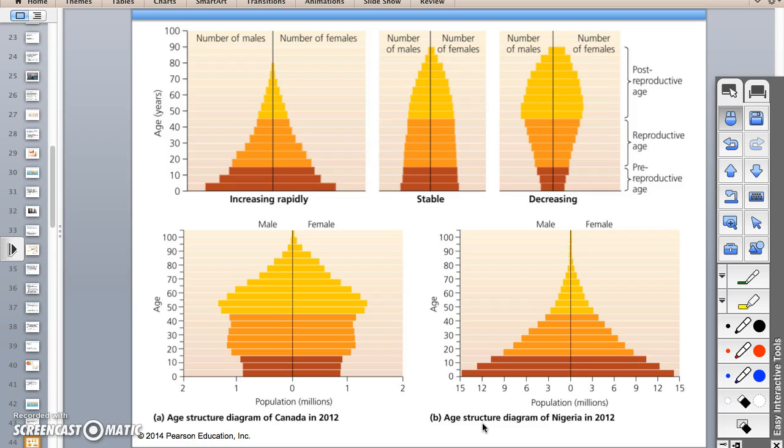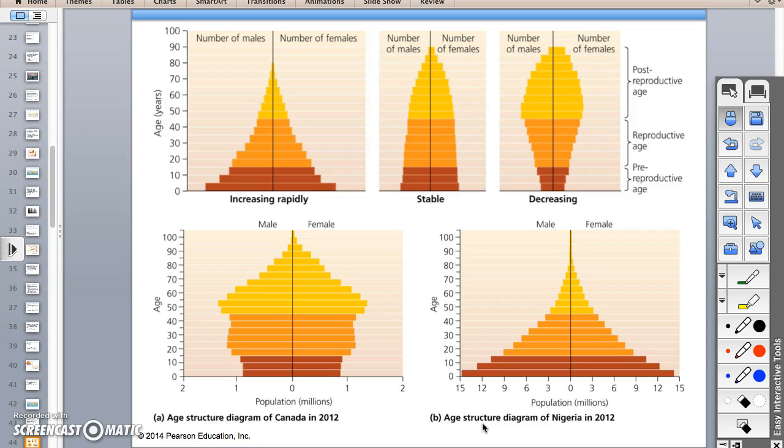So if you have to describe this, yes, you can say the population pyramid has a wider base because the age cohorts at the base of the pyramid are more populous. Okay, you can say it has a wide base, but depending on the year and on the rubric, they may not take that. All right, now a stable age distribution has an even number of individuals of each cohort.